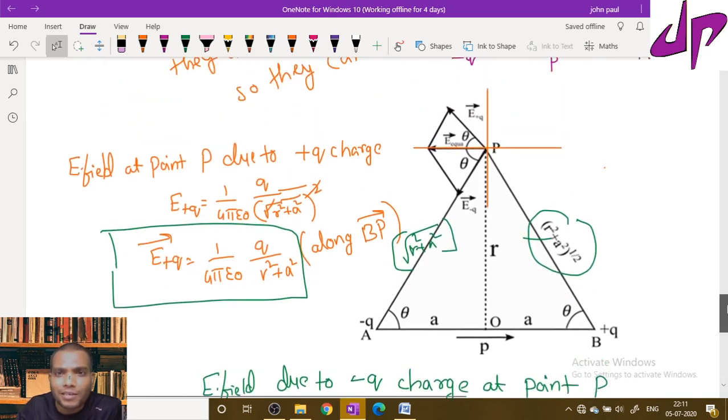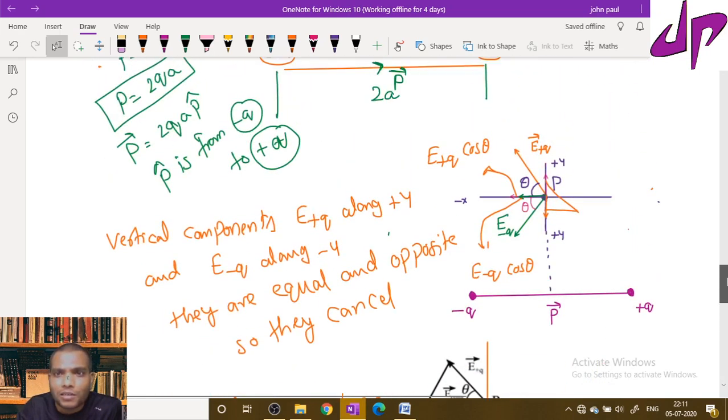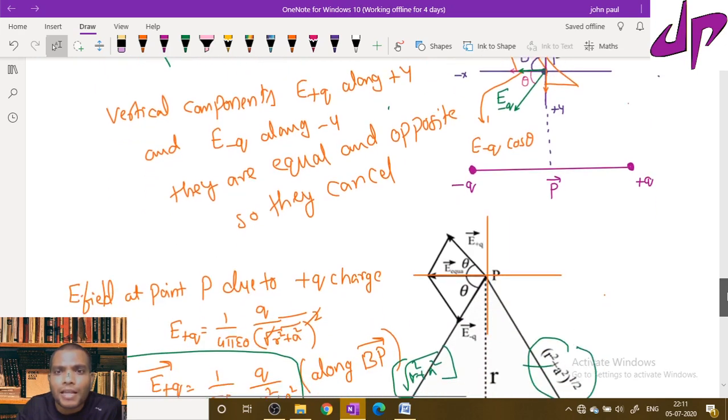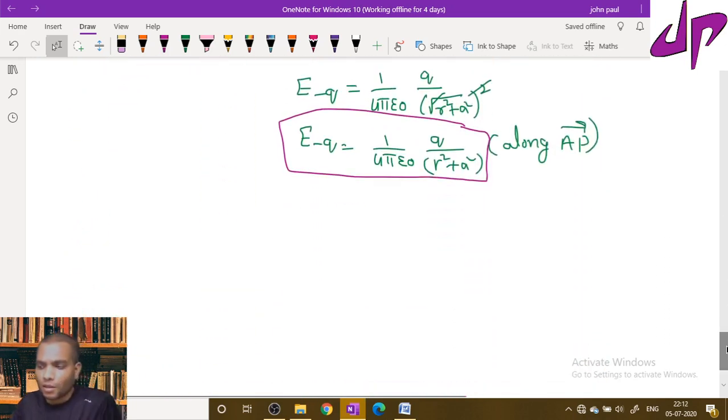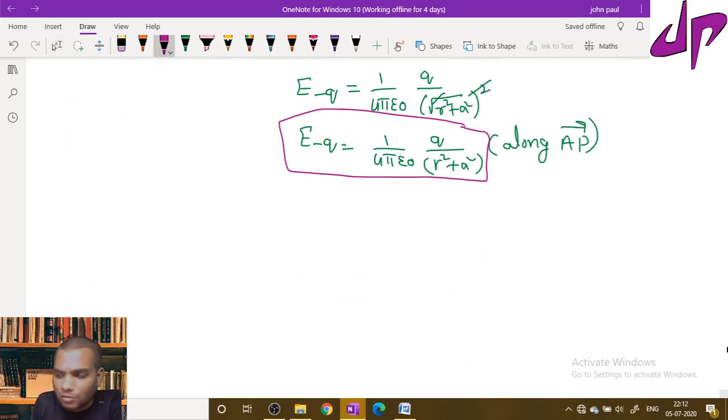Now to write the resultant electric field, since the electric field has components, the components normal to the dipole axis cancel out.